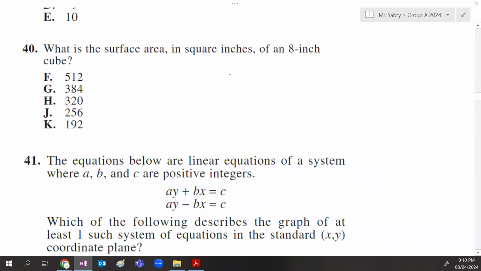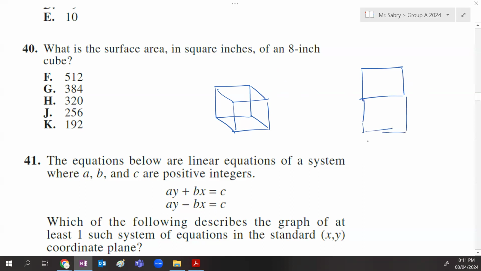What is the surface area of an 8-inch cube? A cube is basically a block that has all the sides equal to each other, and there are a total of 6 faces of that cube. Whenever I need to find the surface area of something, it's like you're opening up this box and spreading its faces next to each other, so it would look something like this.